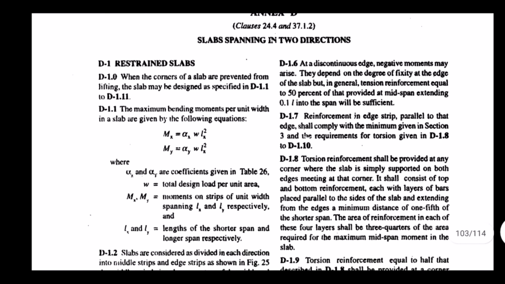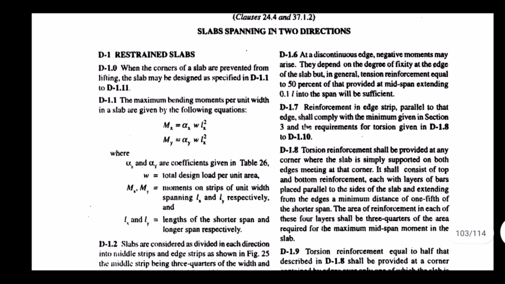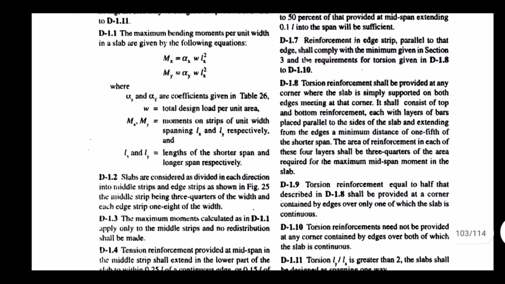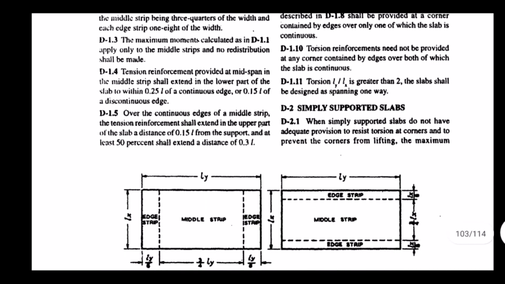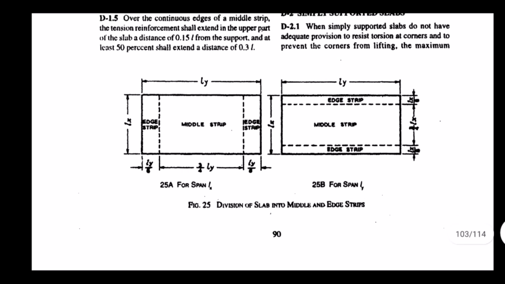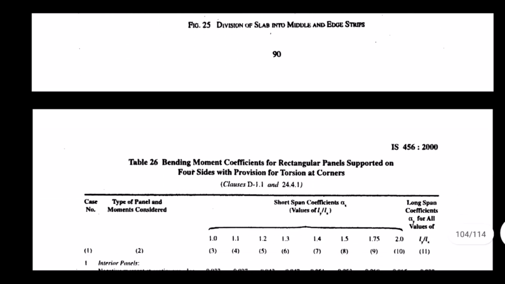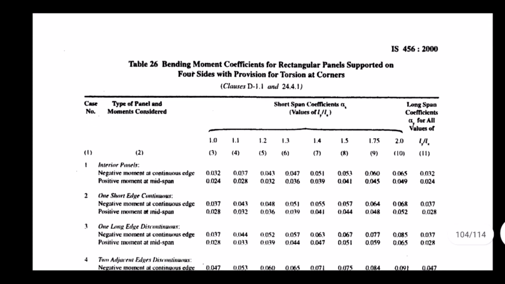We will read it out when we solve the problem, as that will make it easier for you to understand the clause and the considerations. There are two figures also. On page number 90 of IS 456-2000 we can find this, and on the next page, Table 26 is also needed for this design.